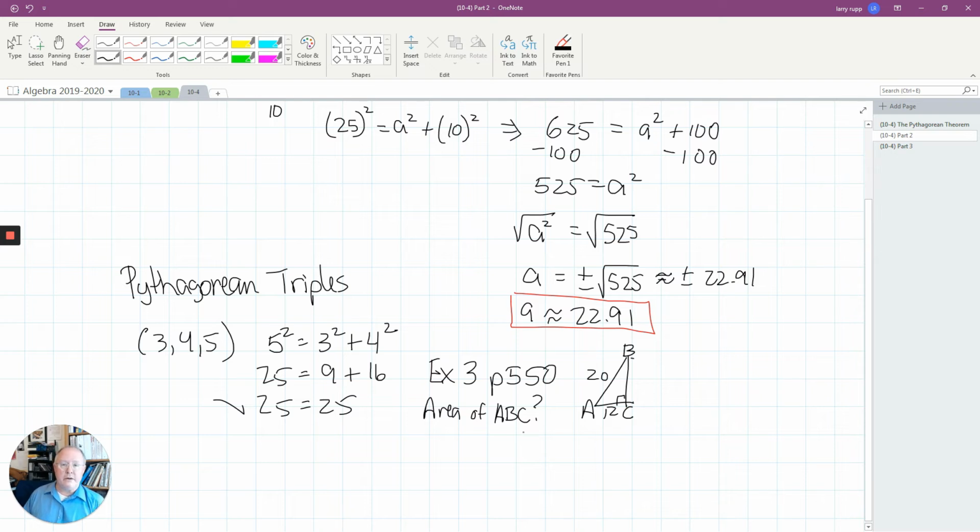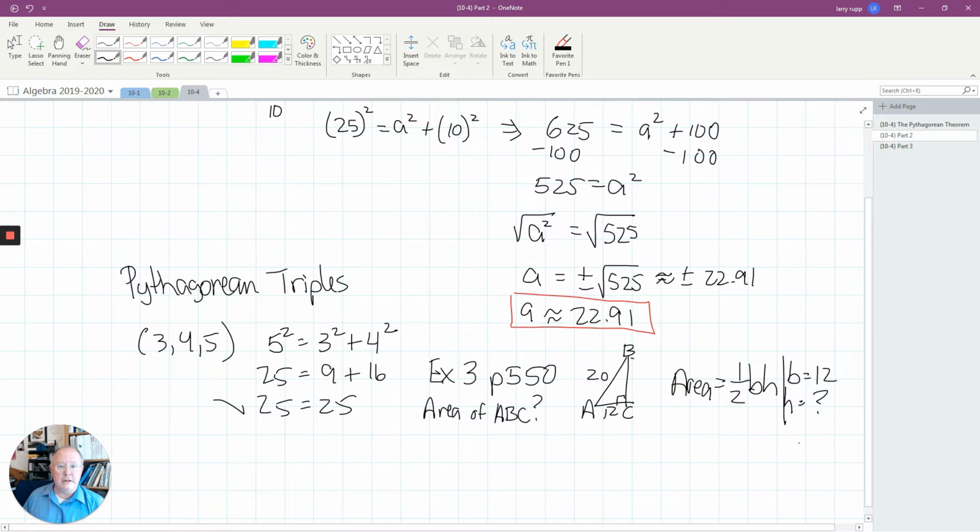Well, we all know what the area formula for a triangle is, right? The area is equal to 1/2 base times height. Here, the base is equal to 12. What's h equal to? Well, we don't know, but now that we know the Pythagorean theorem, we can find out. So, c squared is a squared plus b squared. The longest length, c, is 20. It's the side opposite the right angle.